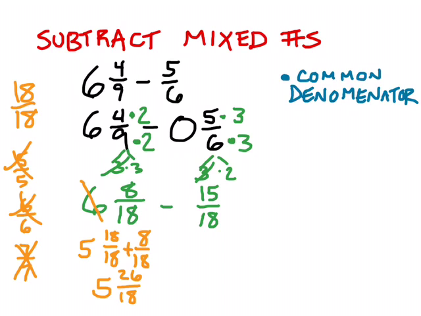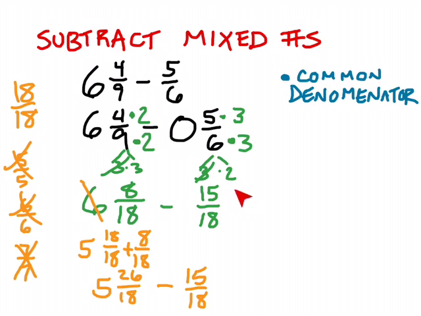Now, if you're thinking about it, you're going to notice that this is the exact opposite of what happened at the end of an adding problem where I ended up with an improper mixed number. But when I'm borrowing, this is actually the goal. I want to have an improper mixed number so that I'll have enough to subtract.